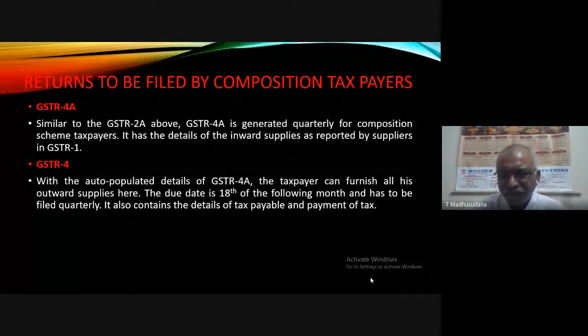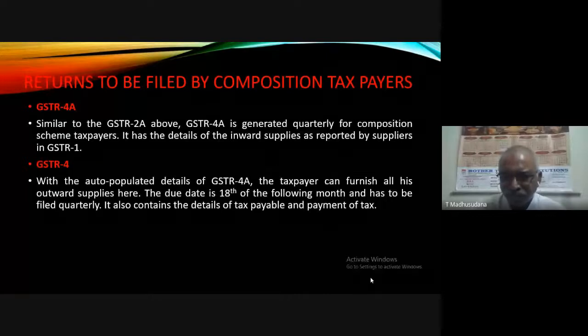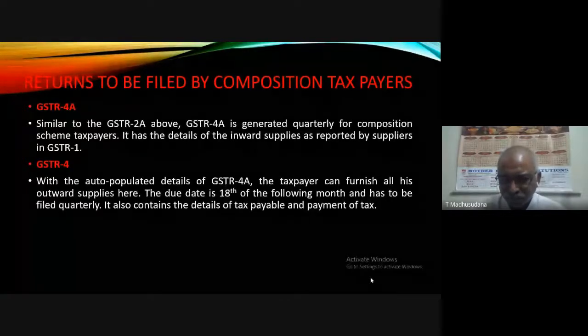Purchases will be auto-filled from the GSTR 4A, and the trader has to furnish all his outward supplies. The due date is 18th of the following month.